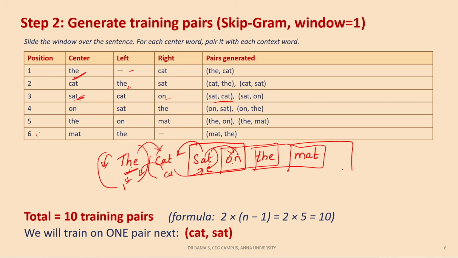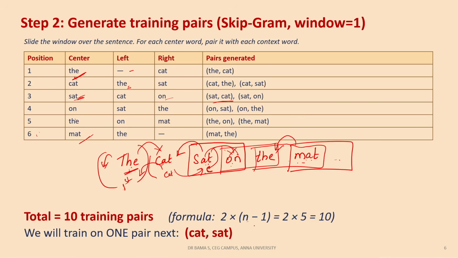In the last window, mat is at the center, "the" is towards the left and nothing towards the right, so there will be 1 pair. So, the number of pairs generated is going to be 10 training pairs, and the formula is, n being the number of words, 2 into n minus 1 (2n − 2), which is 10.